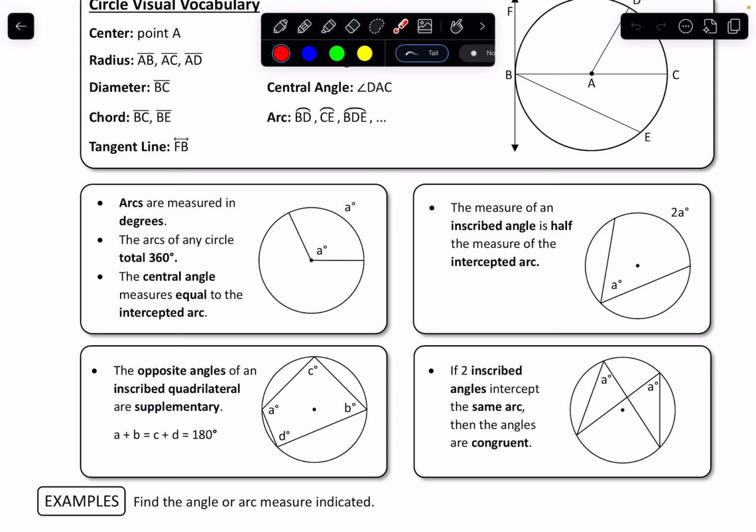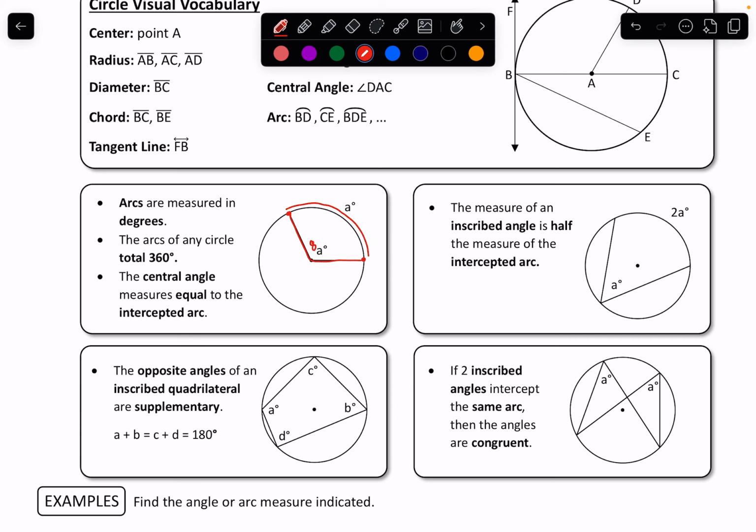So the arc measurement in degrees matches the central angle. So if this central angle is A, and notice that it starts at this point and ends at this point, that central angle connected to those 2 points is equal to the arc that connects those 2 points.